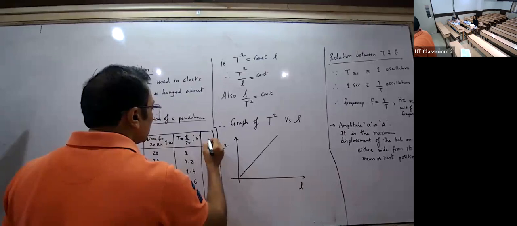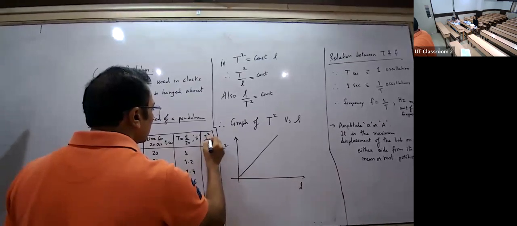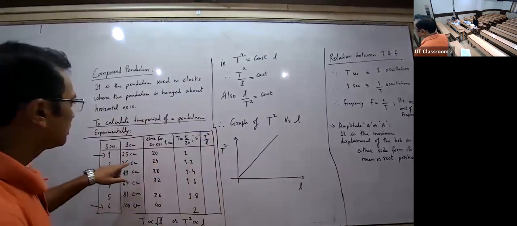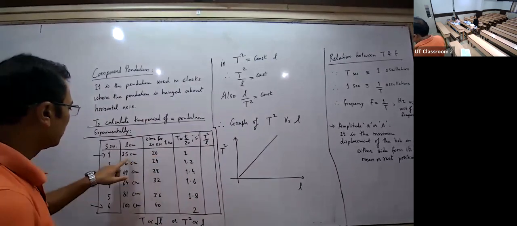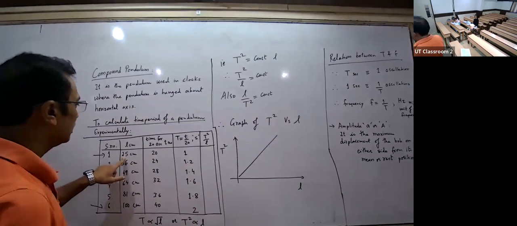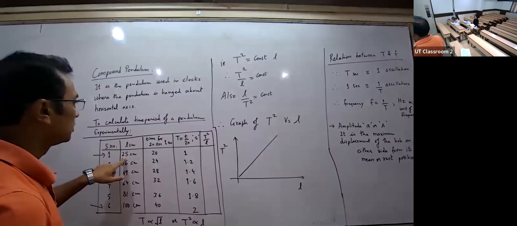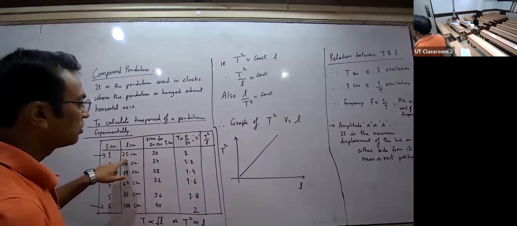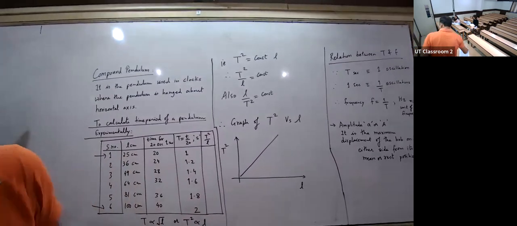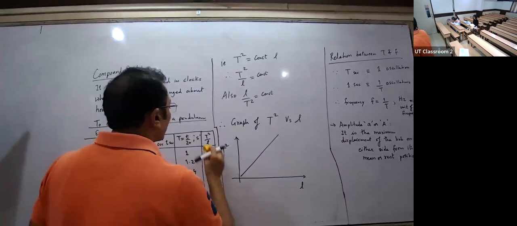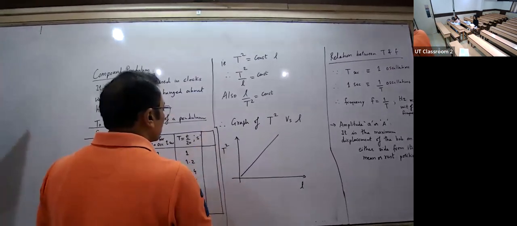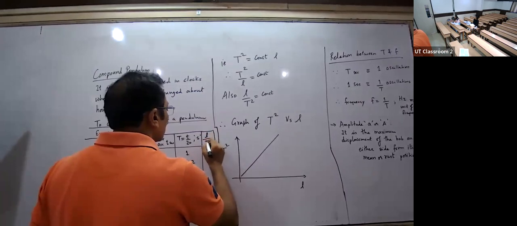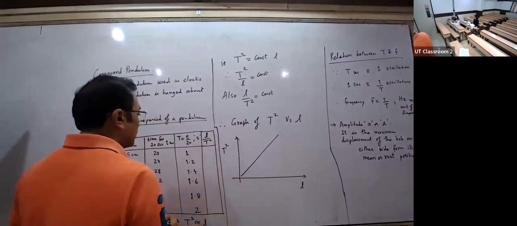So T square by L. What is T? 1. 1 square by 25. Is it T square by L or L by T square? L by T square. Here we have L by T square.